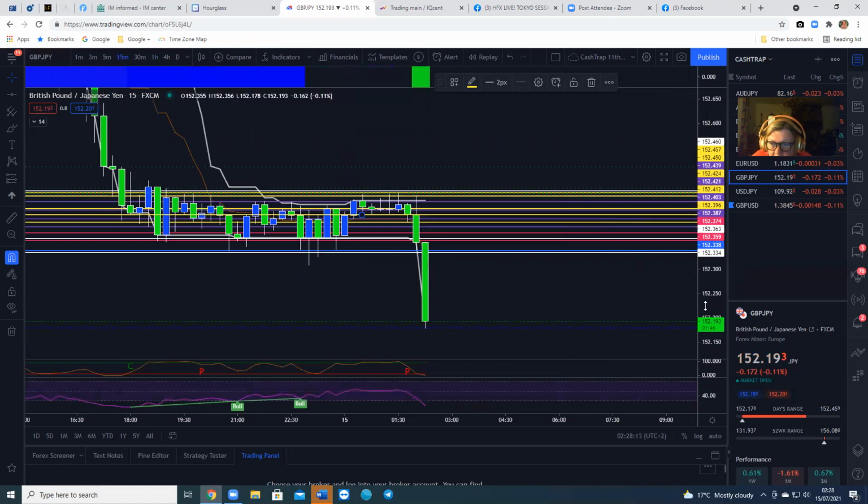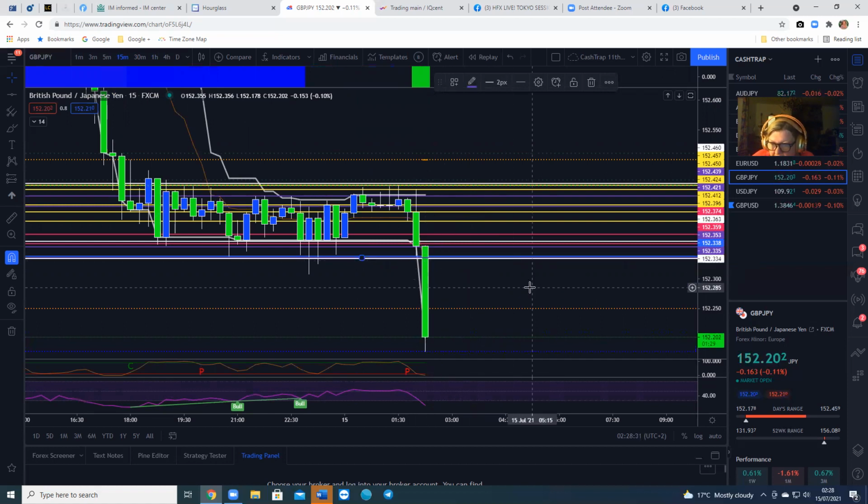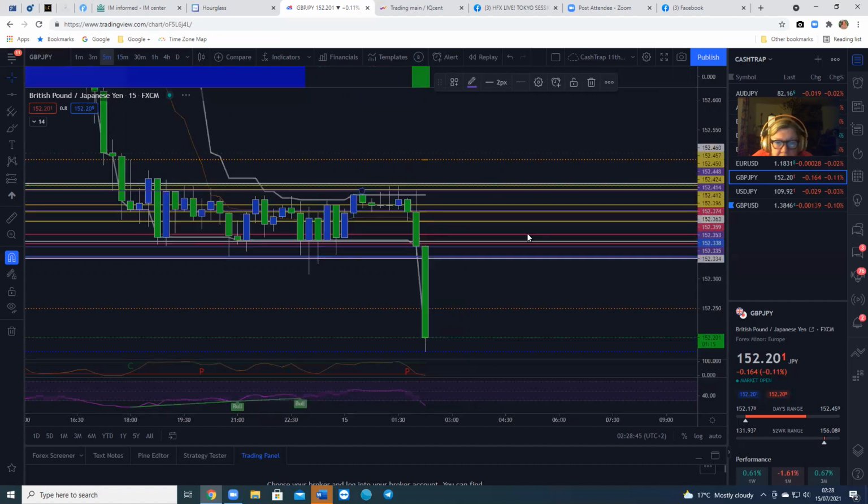Right, so 15-minute will be purple. Oh, look at that. We've got 3 amazing lines there. And purple there. And there, but it has shot straight right down through it all.